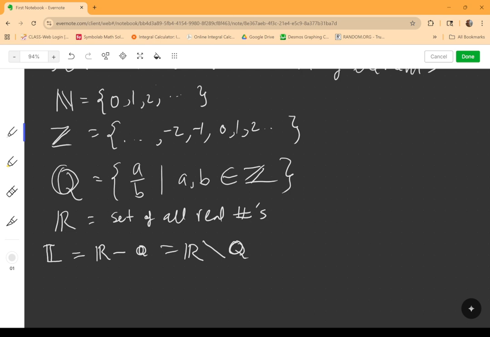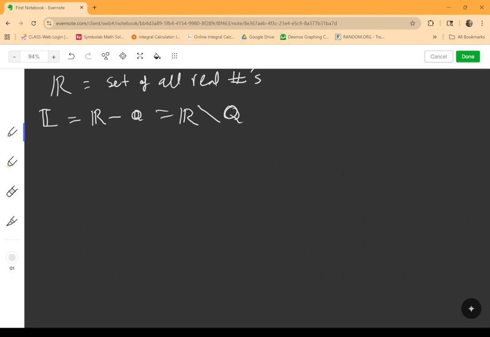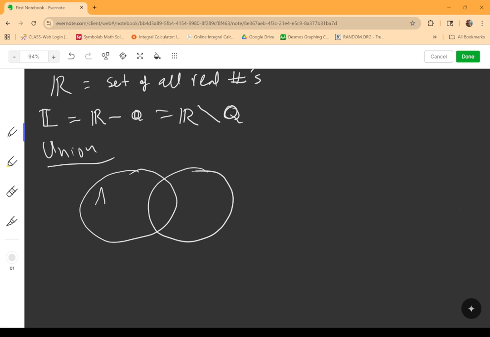Now a couple of basic operations, or ways we can describe sets. We can describe the union of sets. Using Venn diagrams as an abstract notion, with A and B, A union B is the set of elements in both A and B, or only A, or only B. So it's in either or.